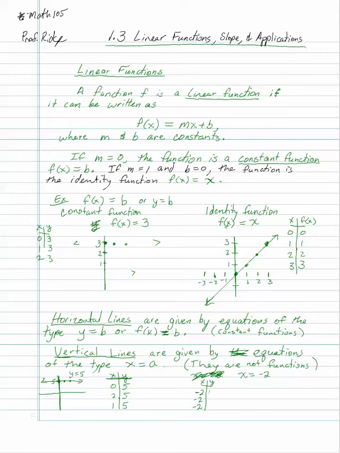So y could be whatever I want it to be. So I put 0, 1, 2. And then I plot the points -2, 0, -2, 1, -2, 2, and then I would see that that was a vertical line. So that's x equals -2.